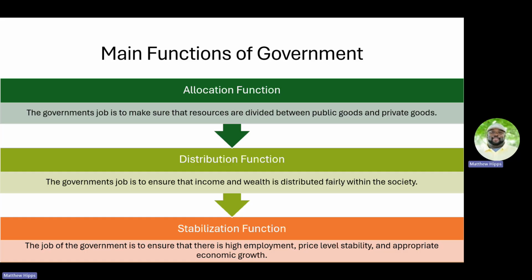Second, the distribution function says that the government's job is to ensure that income and wealth are distributed fairly across society. Finally is the stabilization function. This says that the job of the government is to ensure that there's high employment, that prices remain relatively stable, so there's not a lot of fluctuations in prices, so prices aren't always too high or too low, and that the economy is growing at an appropriate rate.